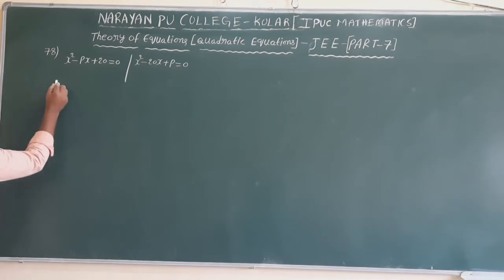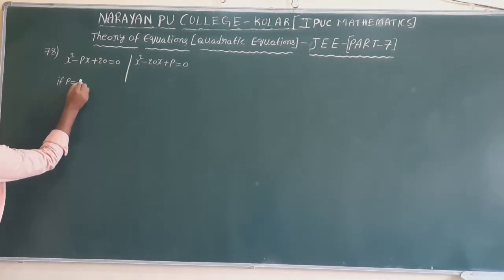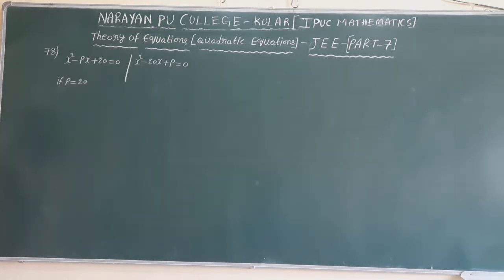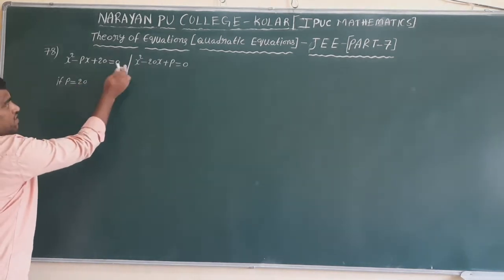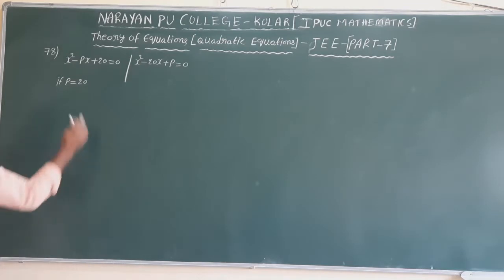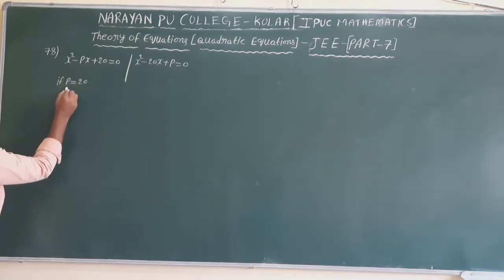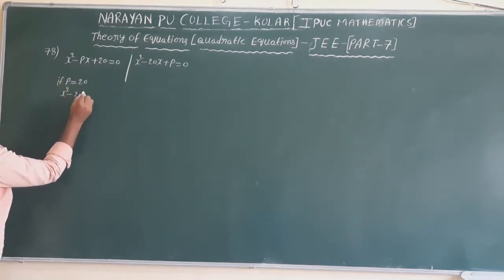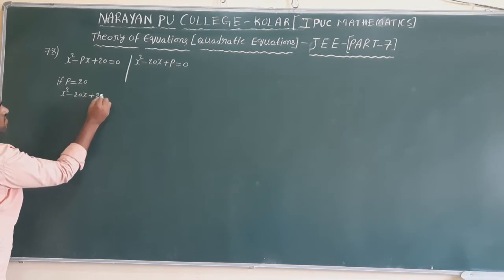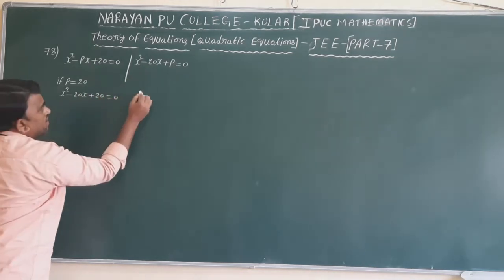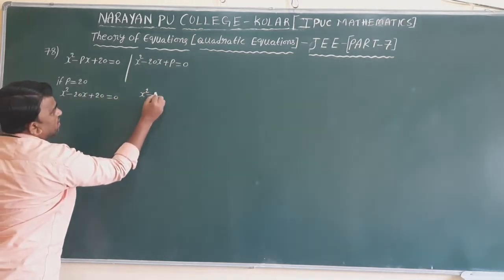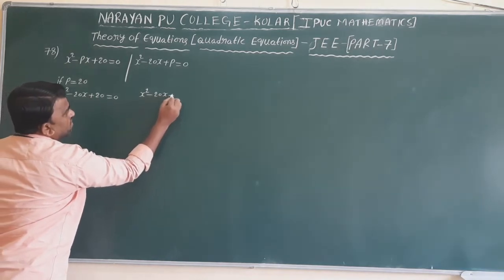For example, if the p value is equal to 20, you can substitute it in both equations. What will we get here? x square minus 20x plus 20 equal to 0. Here also x square minus 20x plus 20 equal to 0.